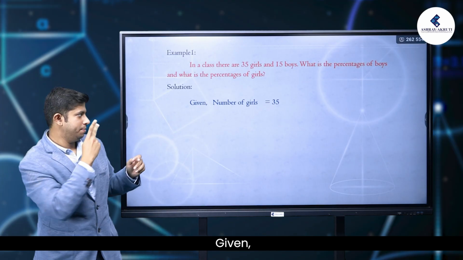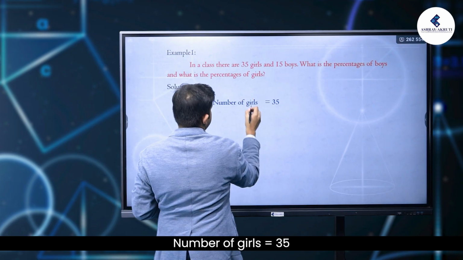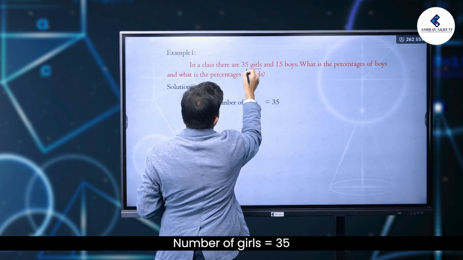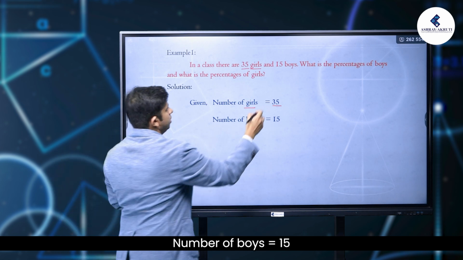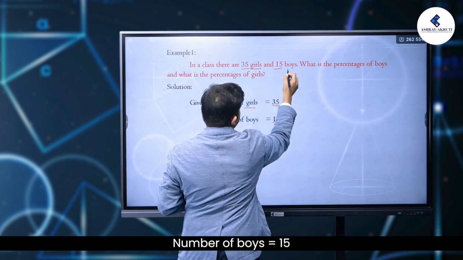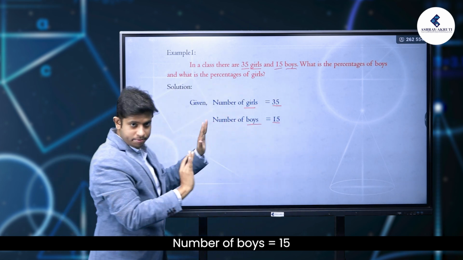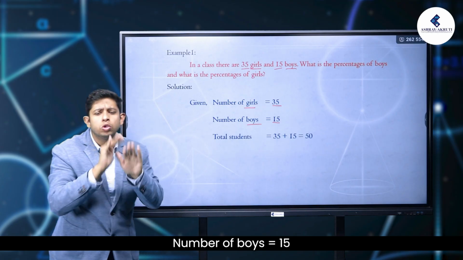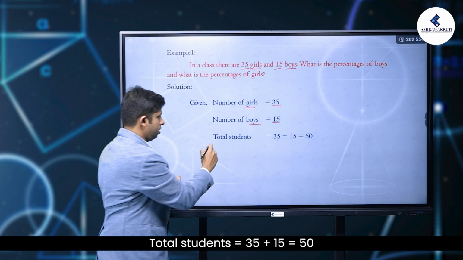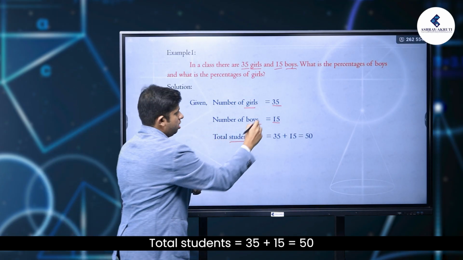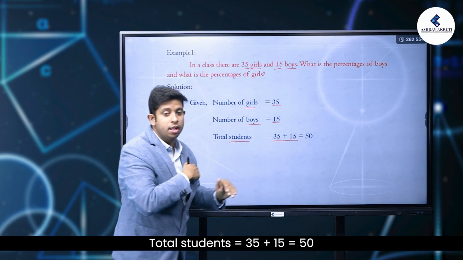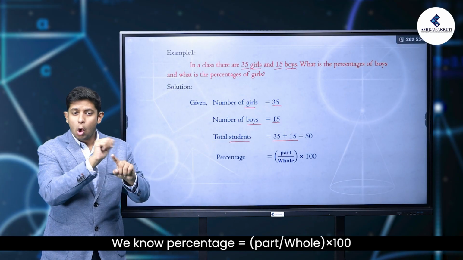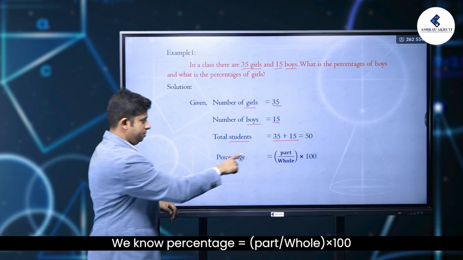Given: number of girls is equal to 35, number of boys is equal to 15. Total students is equal to 35 plus 15, which is equal to 50. We know percentage is equal to part by whole into 100.